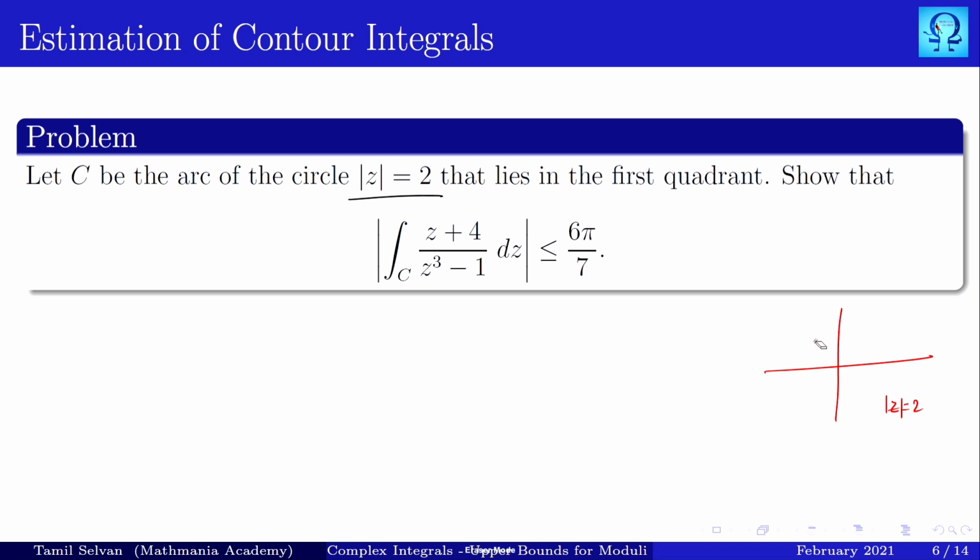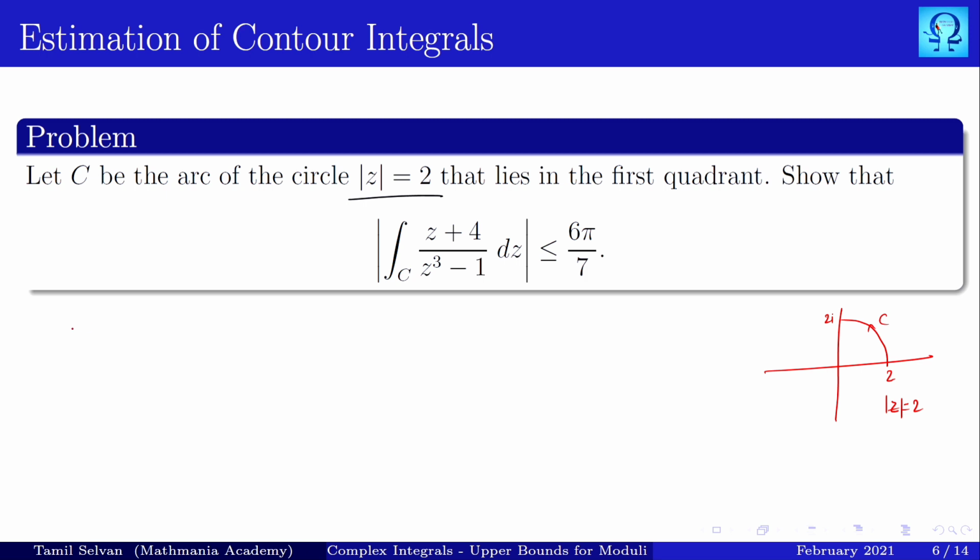Here we are asked to consider only the part of the curve that lies in the first quadrant. So only this part, between 2 and 2i, of the curve we are going to consider. So this is C. Now we will have to show that this happens using the ML inequality.